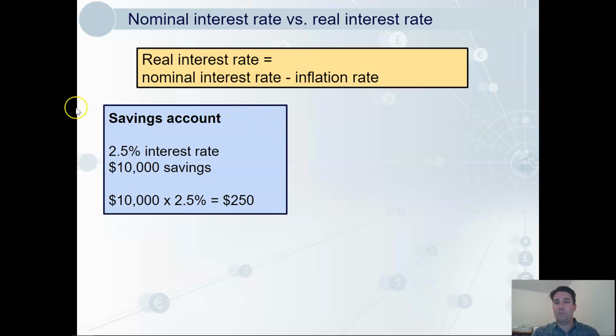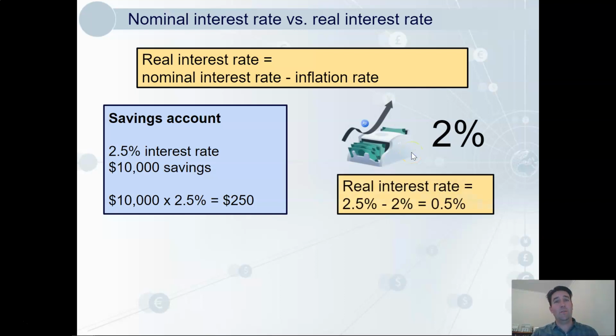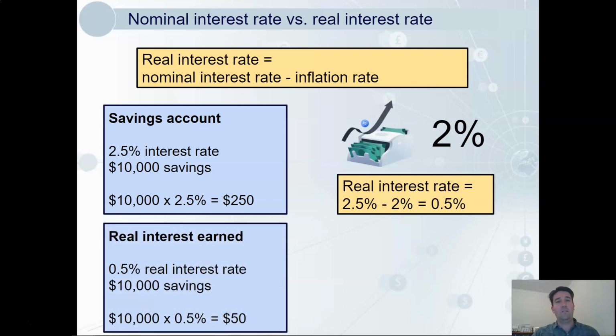In this example, if inflation is 2%, then the real interest rate is only 0.5%. This means that when we take inflation into account, the real return on my savings is only $50. So this part is just all about understanding that inflation erodes the value of money.